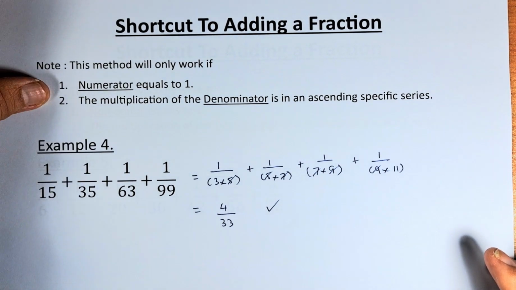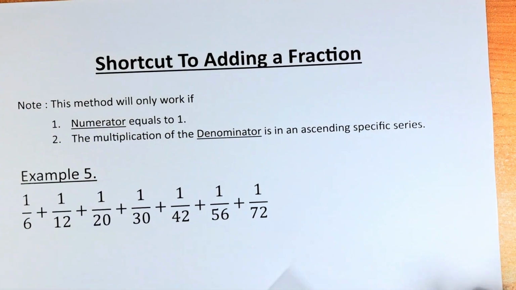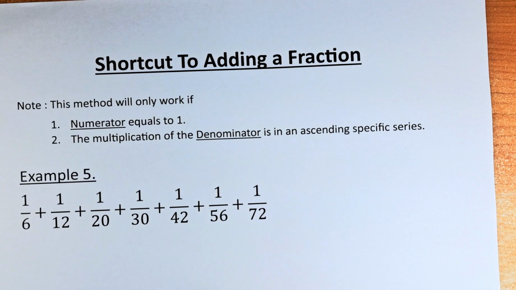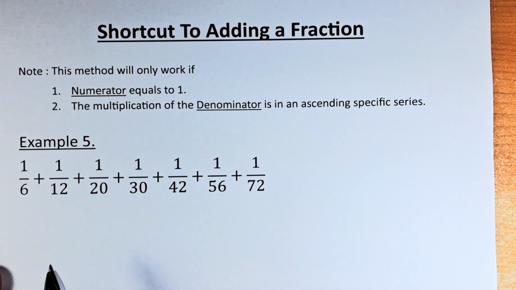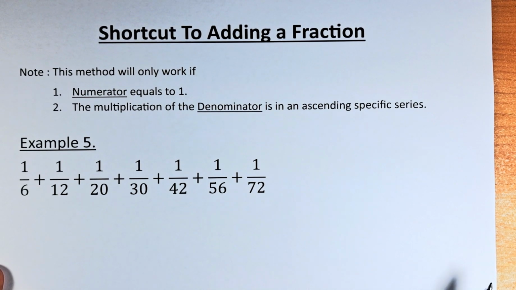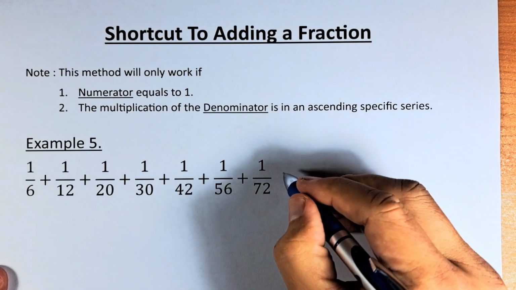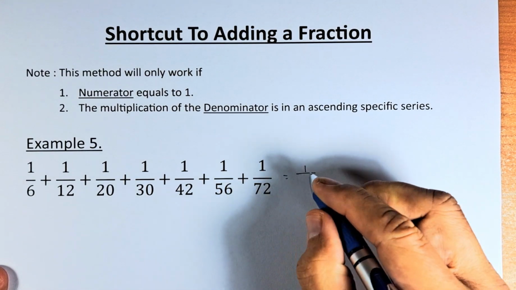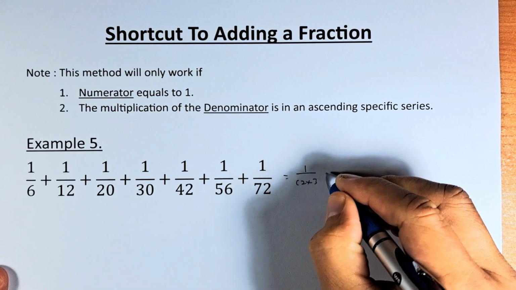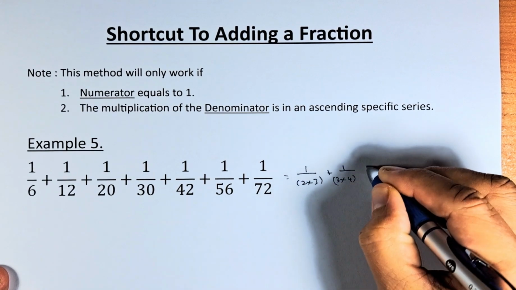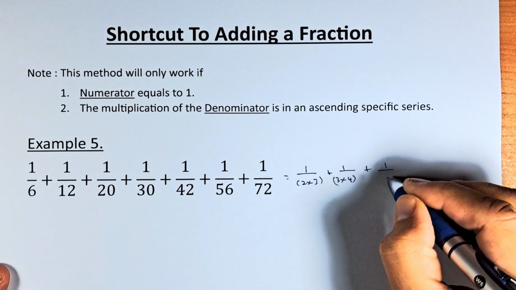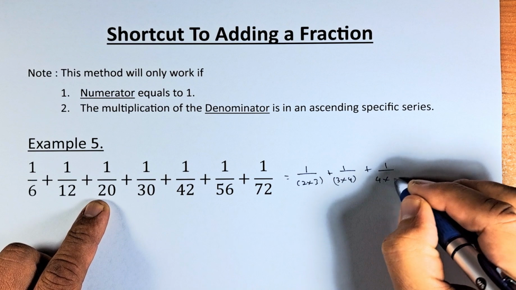Okay, so we're going to do the hardest of the lot. Now we have 7 fractions, and the same principle applies. 1 over 6 plus 1 over 12 plus 1 over 20 plus 1 over 30 plus 1 over 42 plus 1 over 56 plus 1 over 72. So to do that, we're going to do the same thing. 1 over 2 times 3 plus 1 over 3 times 4 plus 1 over, for 20, 4 times 5.